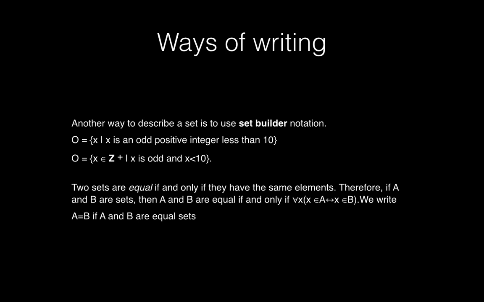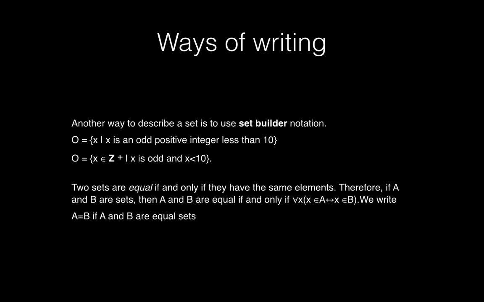Another way of describing a set is to use set builder notation. In this notation, you don't have to write each and every element of a set. Instead, you give the meaning, or put the logic, inside the curly braces.